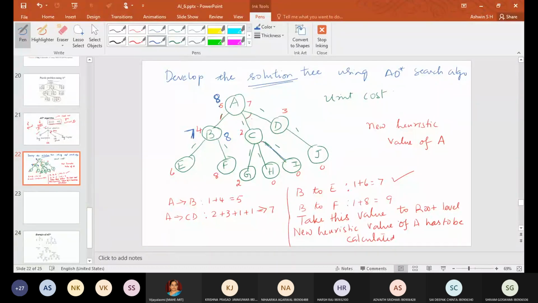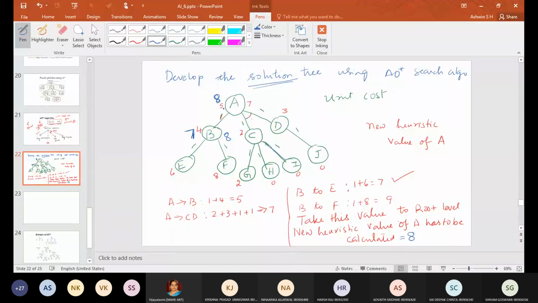So whatever I have written in blue color, the new heuristic value of A has to be calculated, which is equal to 8. Okay. The problem solution is not over now. Now we have to calculate the heuristic value of this A even after exploring this side. Because why we have to explore this side now?